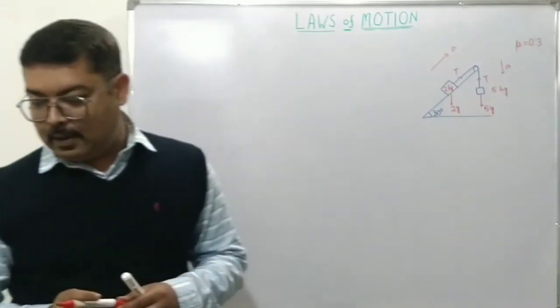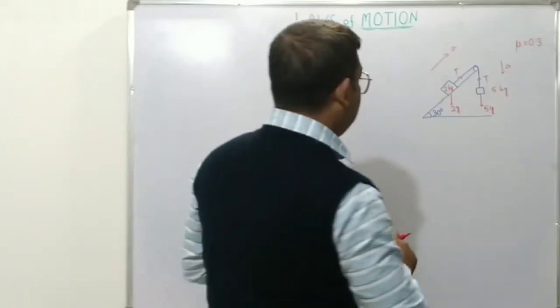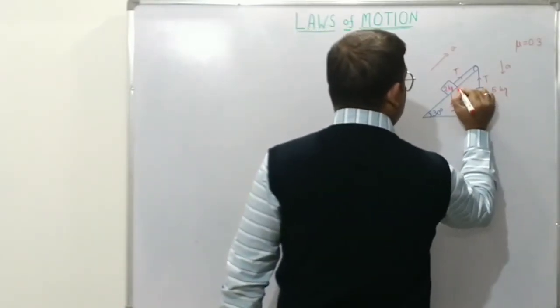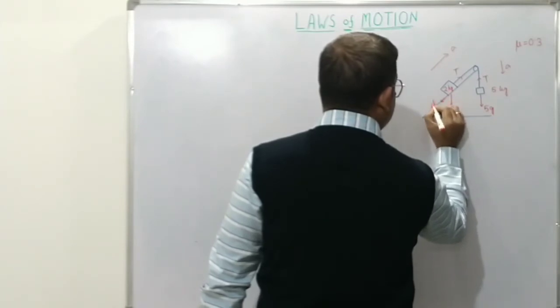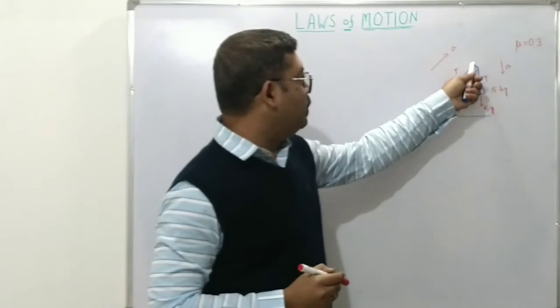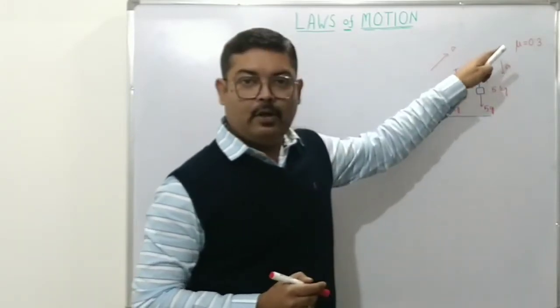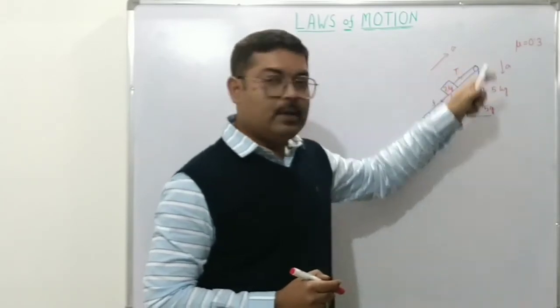And then there will be a frictional force acting here. The object is moving outwards, so there will be a frictional force in this direction, which will be F, say. And then there is a tension acting on the 2 kg mass along the plane upwards, and a tension on the other mass in the vertical direction.